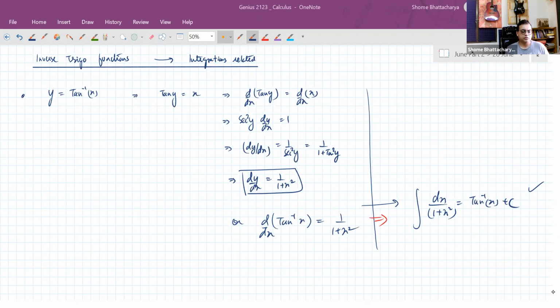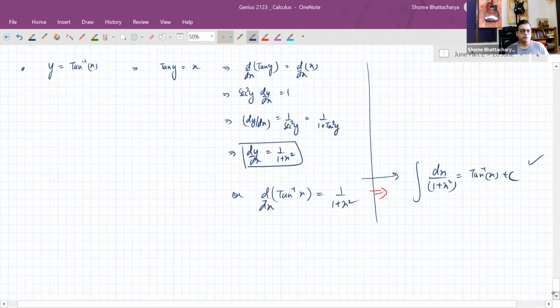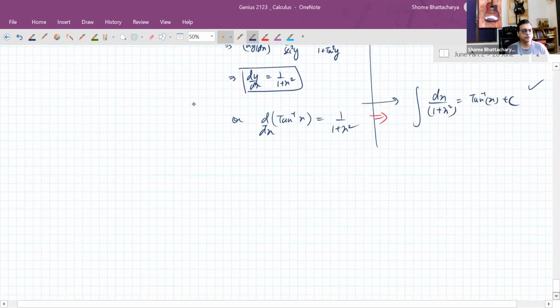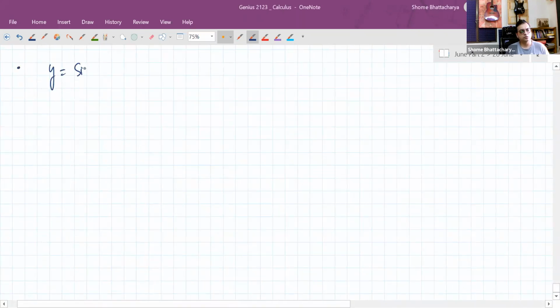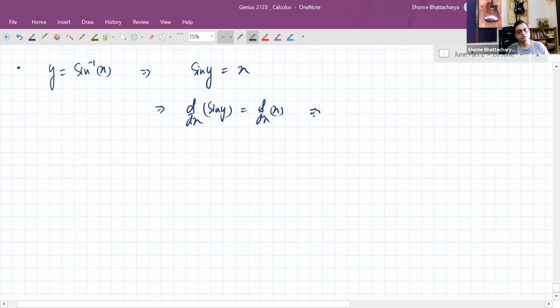Okay, so now likewise, we also have, for example, for differentiation of sine inverse function, if y was equal to sine inverse x, then how to get dy by dx? So differentiation of sine y is equal to unity. Okay. So cos y into dy by dx is equal to 1.